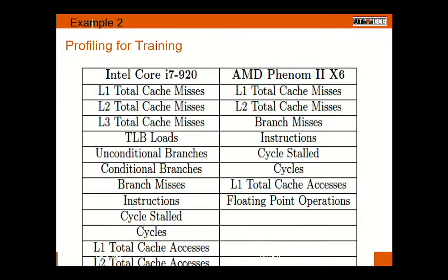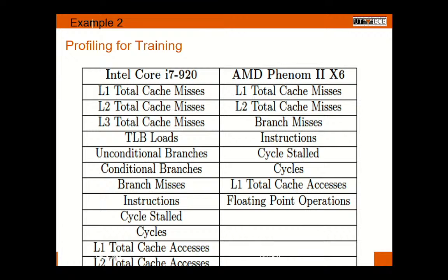So the features that were taken are things that we can measure on the machine that we are training. We used Intel x86 to train, and then we estimated performance on an ARM processor.